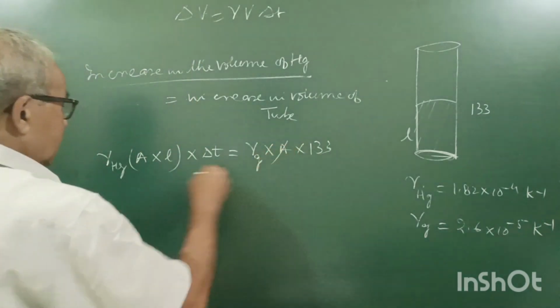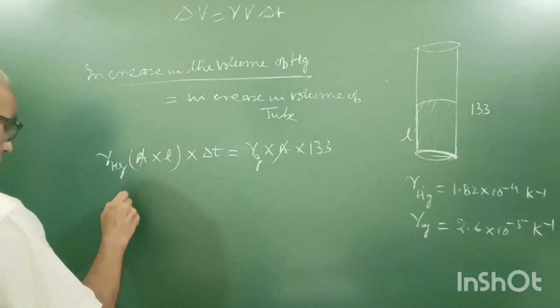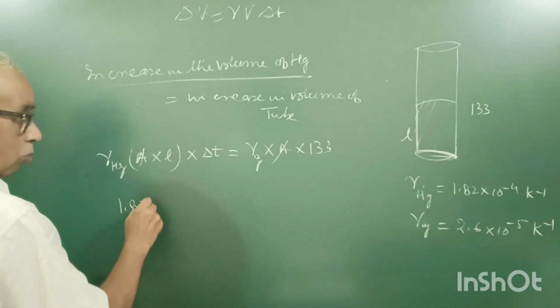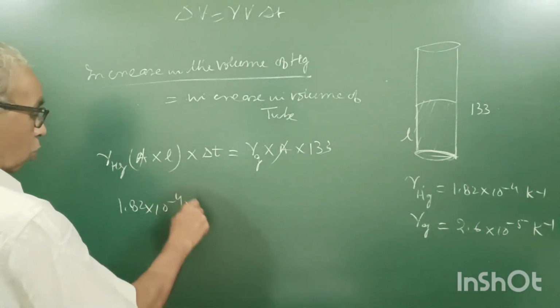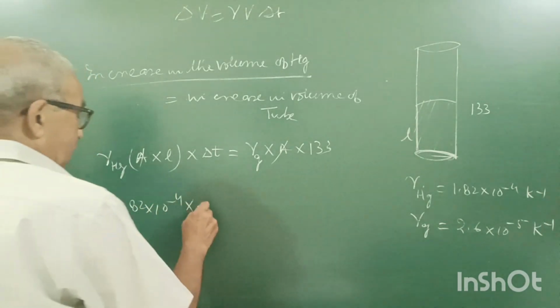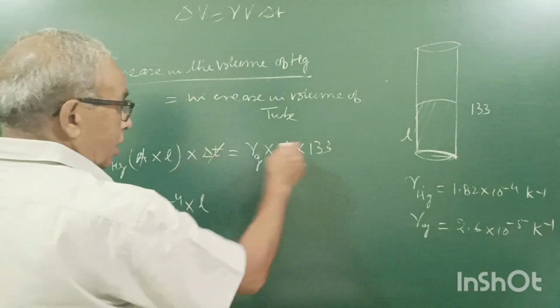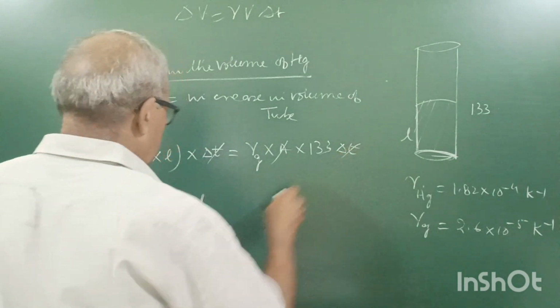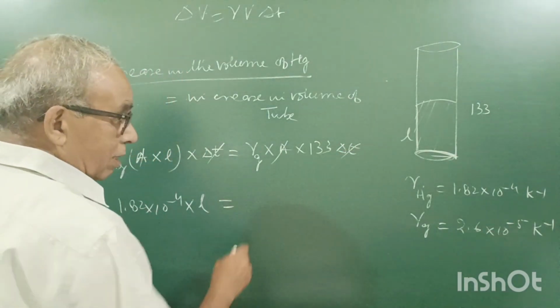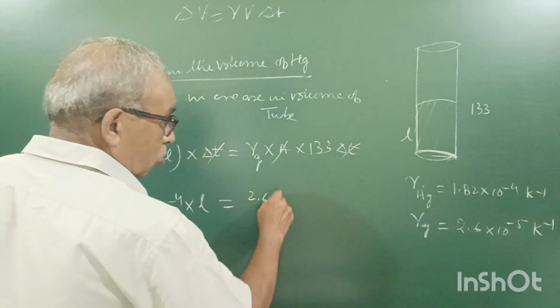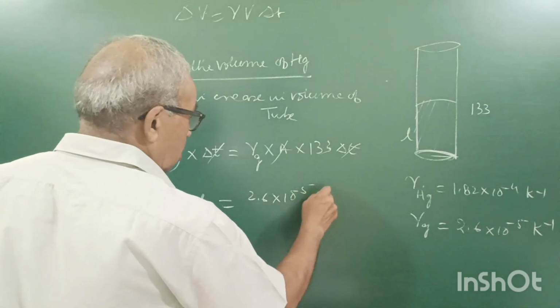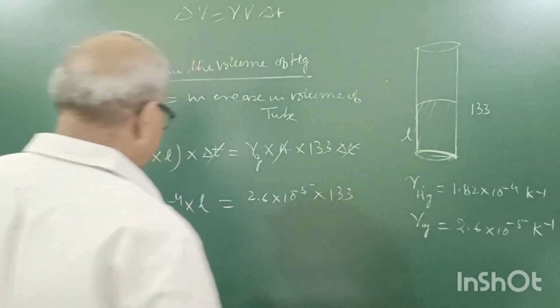Here A cancels and delta T cancels. Gamma of mercury is 1.82 into 10 to the power minus 4, gamma of glass is 2.6 into 10 to the power minus 5, into 133.